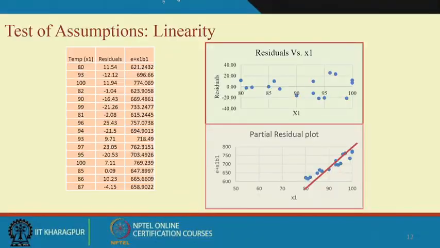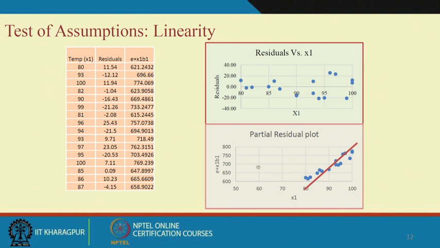Let us see for this data set that we have found out the residuals. This is temperature versus residual. You see the residual plot here. In case of linearity we have shown the partial residual plot. This is residual versus x1, and we do not find any pattern here.